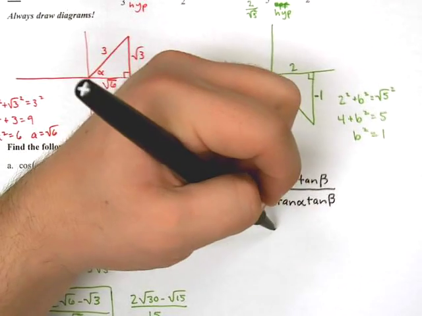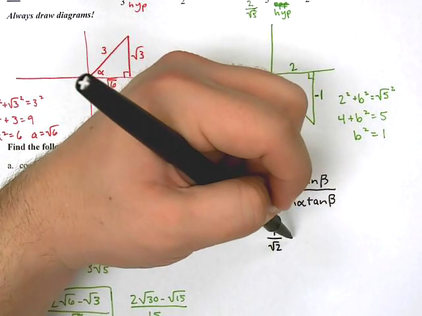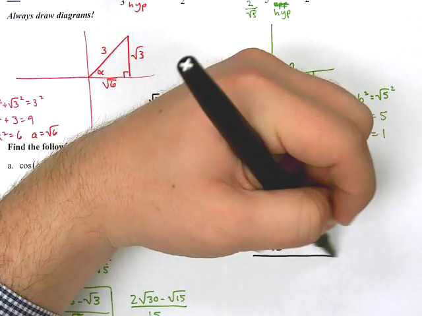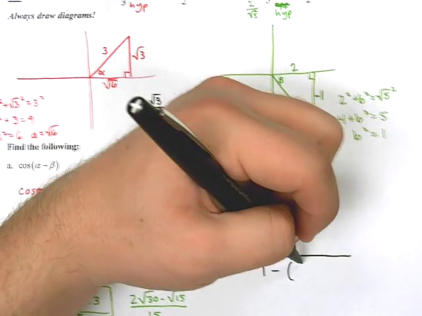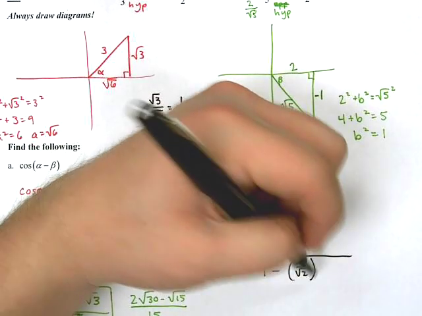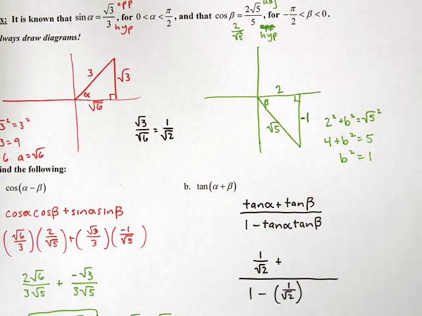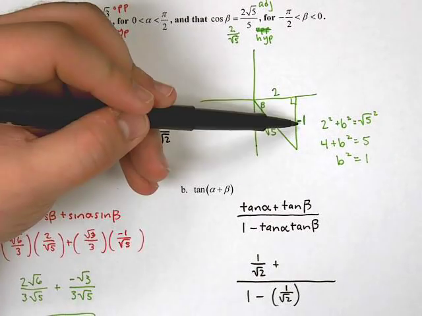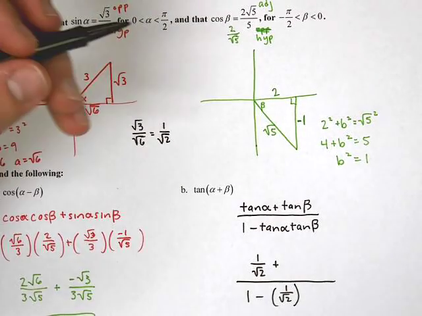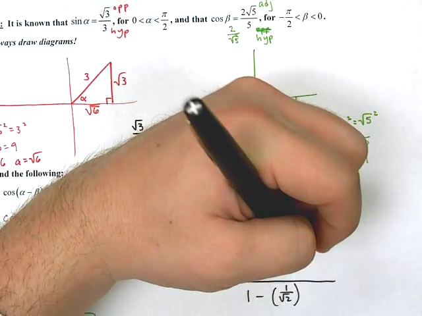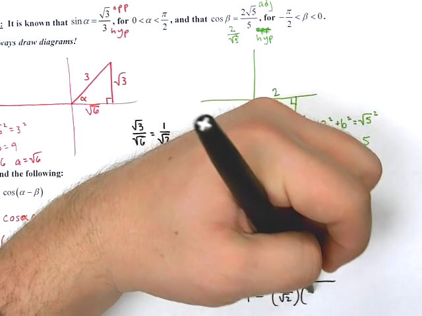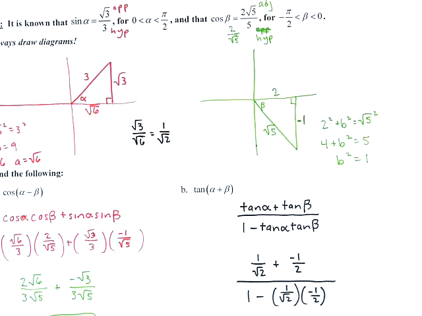So, 1 over square root 2 plus, then I need my fraction bar, 1 minus 1 over square root 2. Now we need tan beta. Tangent of beta is opposite over adjacent. Negative 1 half. Great. We got this.